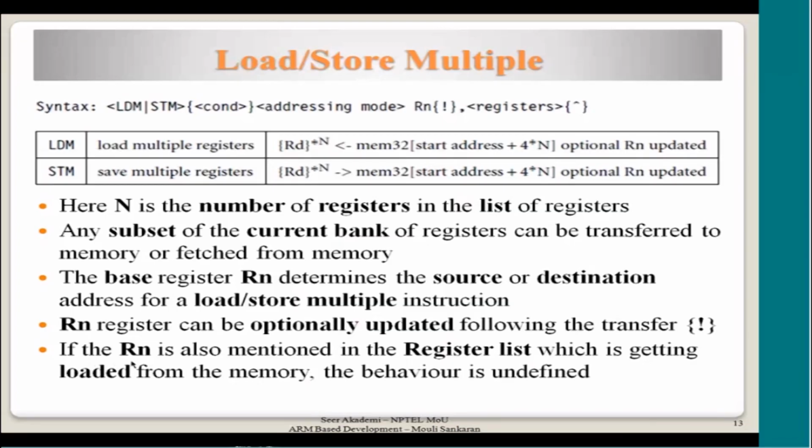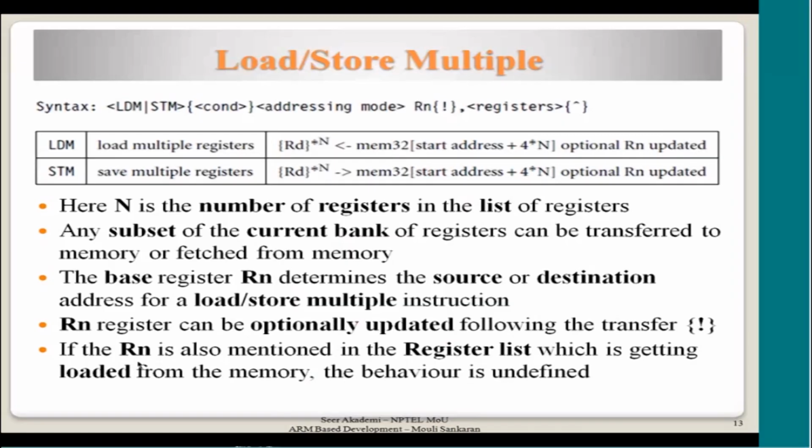One more thing you have to remember: Rn, which is the base register, can also be mentioned in the register list. There is no verification of these two by the assembler or the processor. So what is the effect of that? When I am showing an example, I will tell you. You are trying to use one of the registers as a base address to access the memory.